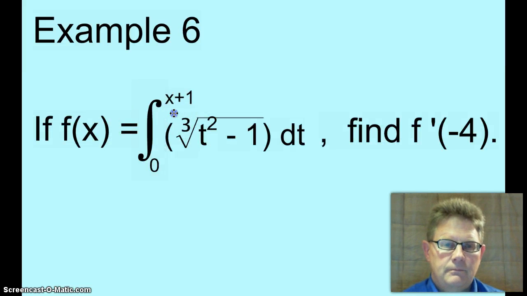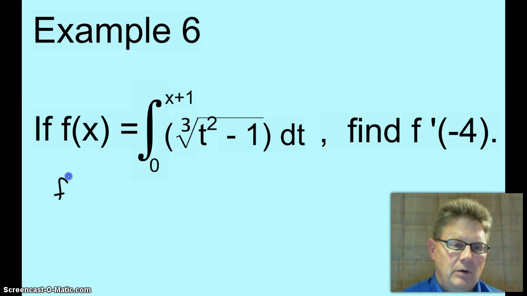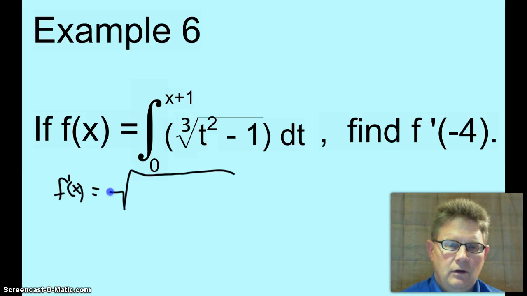Alright, once again, derivative of that. If f of x equals, this is a little bit different, the integral from 0 to x plus 1 of the cube root of t squared minus 1 dt, find f prime of 4. Well, let's go ahead and first find f prime of x, take the derivative of the left side, take the derivative of the right side, and that would be the cube root of x plus 1 quantity squared minus 1.